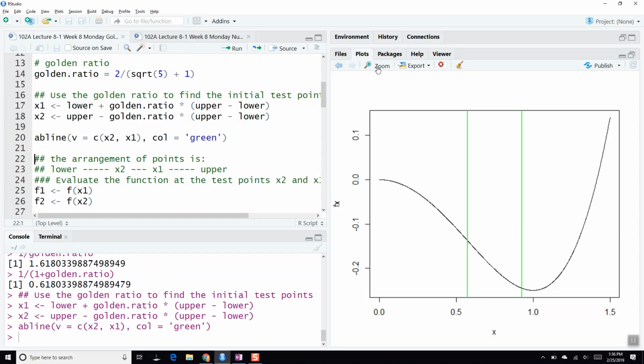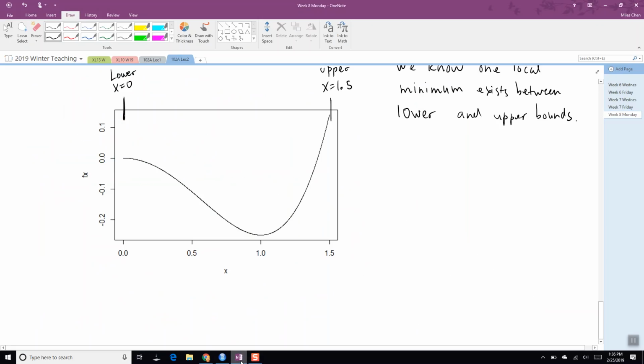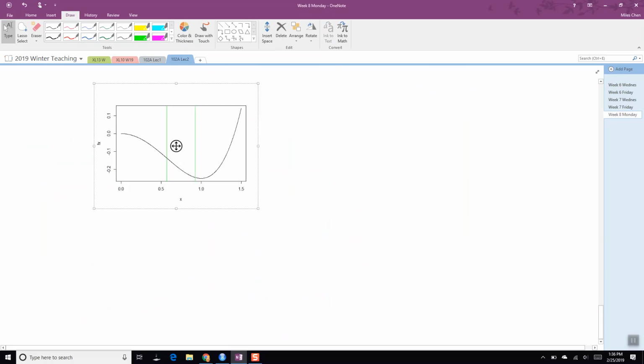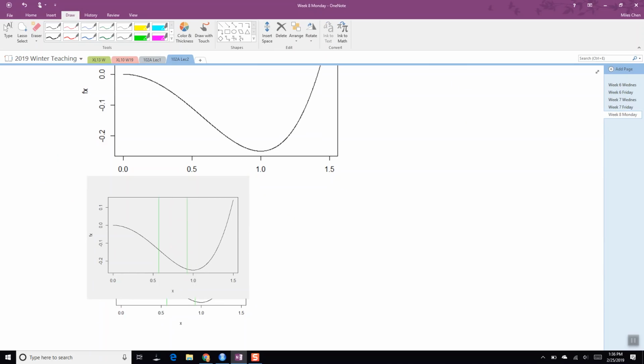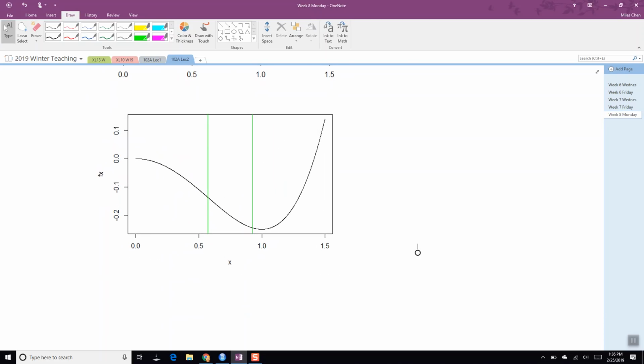And I'm going to draw these lines here. What this line represents, from here to here, is 1.5 times the golden ratio.